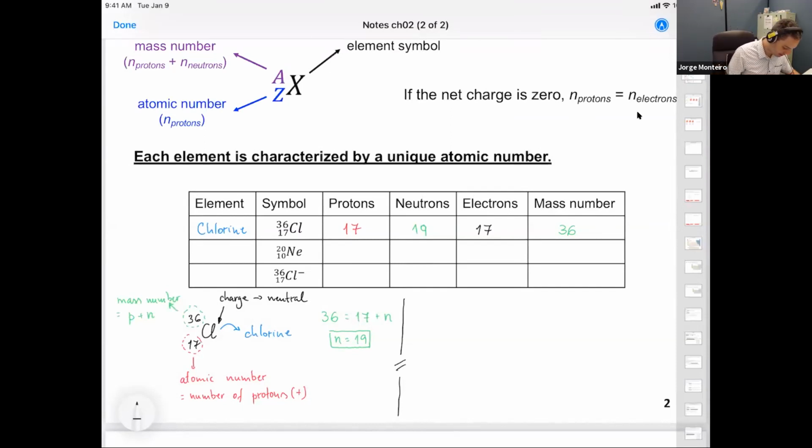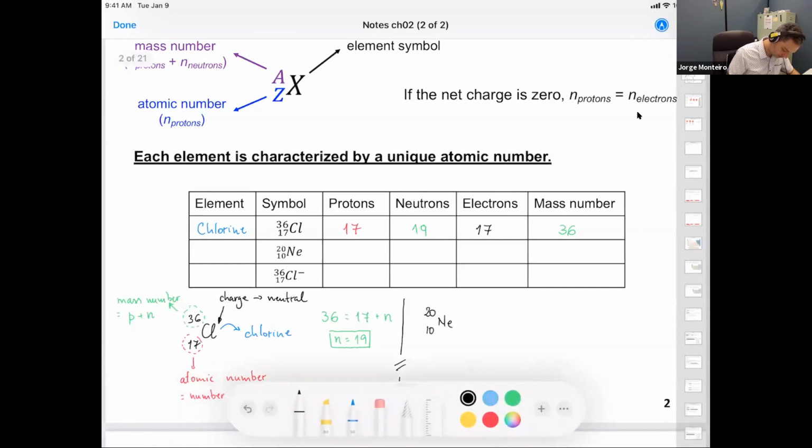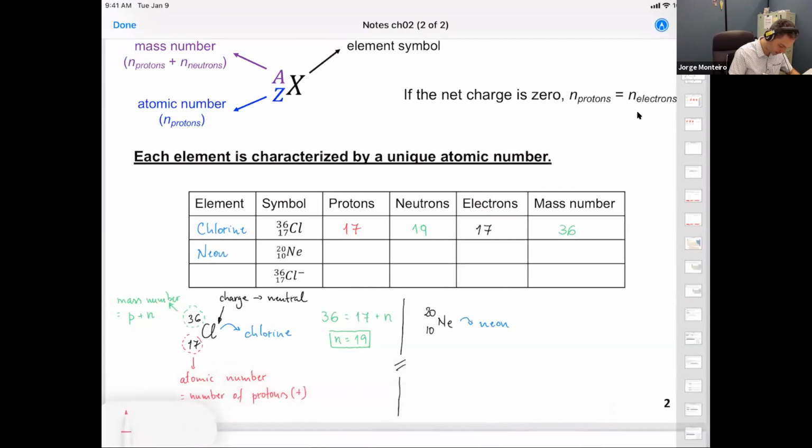All right, so let's tackle Ne 10, 20. Ne stands for neon. That's the first information that we can get here. Look at the bottom left corner.